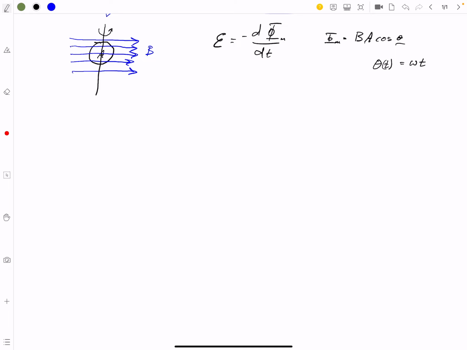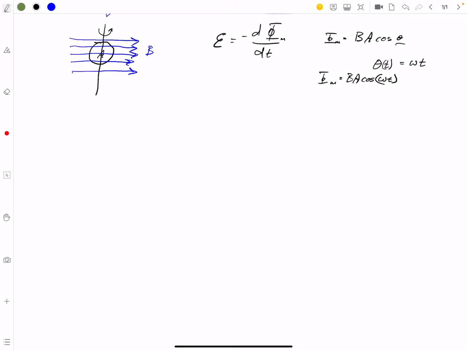Okay, so phi m equals B A cosine omega t, and nothing else changes in time.